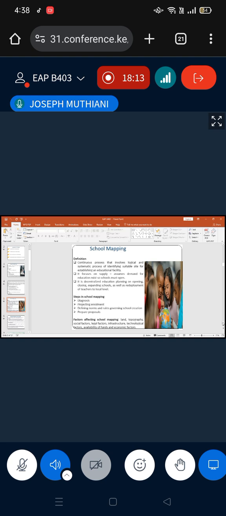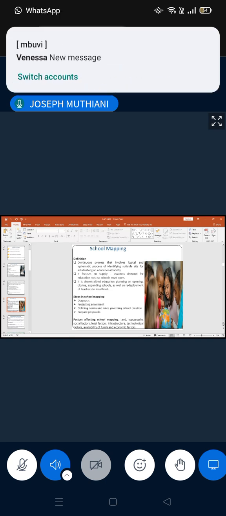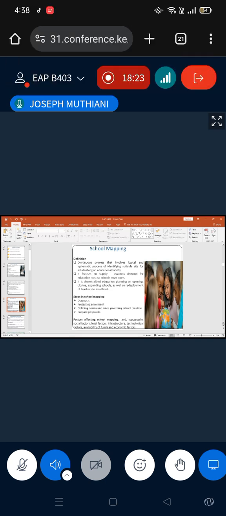Social factors: these are pressure groups, could be religious groups, or even politicians. Sometimes you might want to locate a school in a particular location, but here comes a particular religious group or a particular politician telling you this school is supposed to be situated in another region simply because that region is a place where the politician was able to garner more votes.